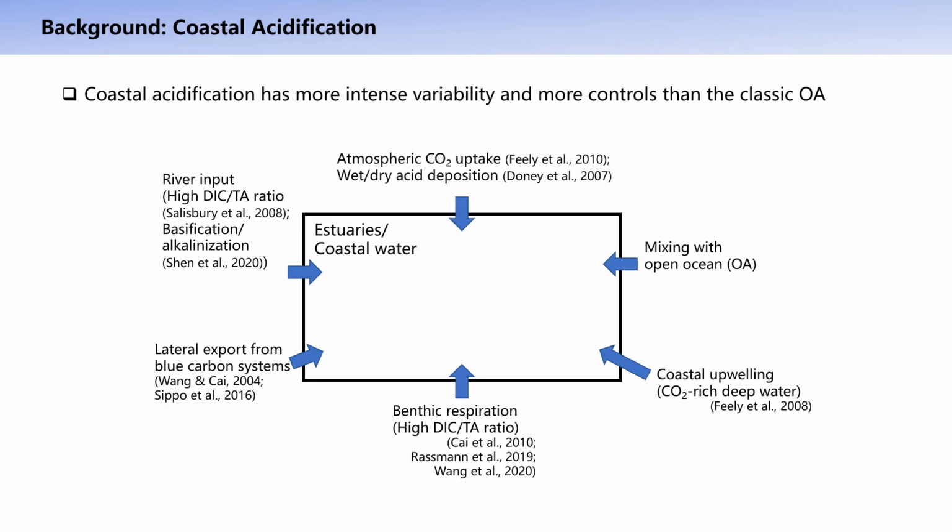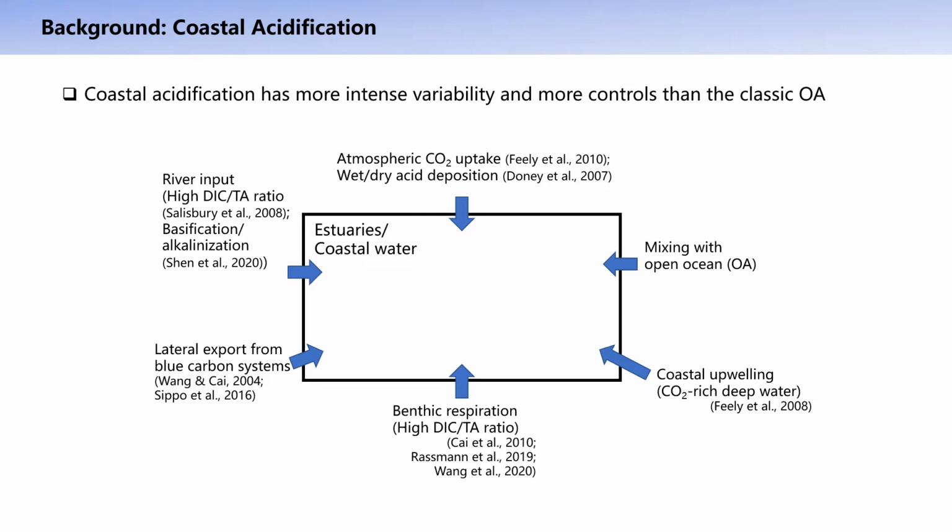Ocean acidification signal can be delivered into estuaries by freshwater and seawater mixing. Also, the upwelled CO2-rich deep water can decrease pH further. The carbonate contents and species of river input and natural export from the blue carbon systems can have a significant impact on the coastal region.